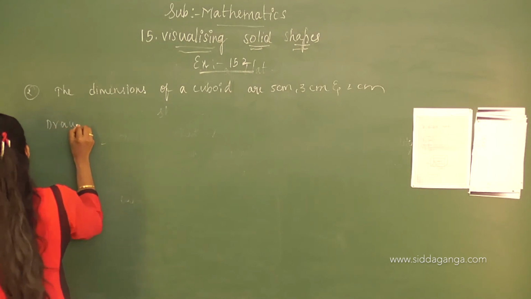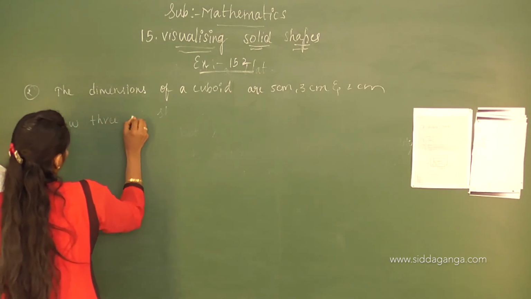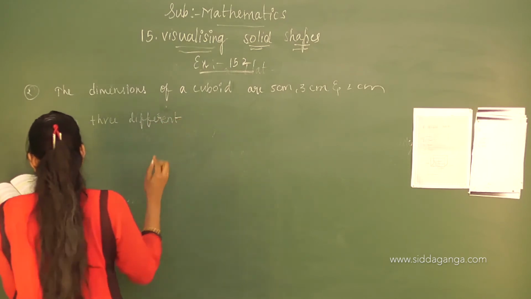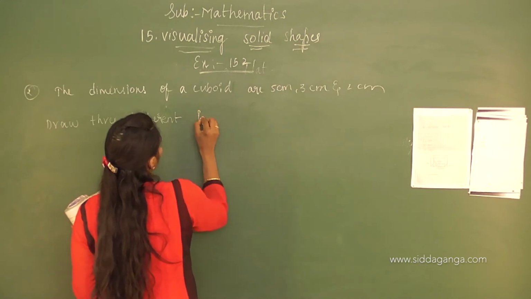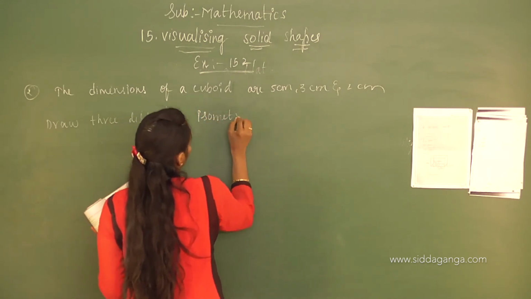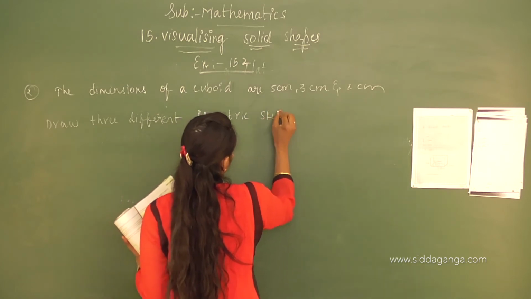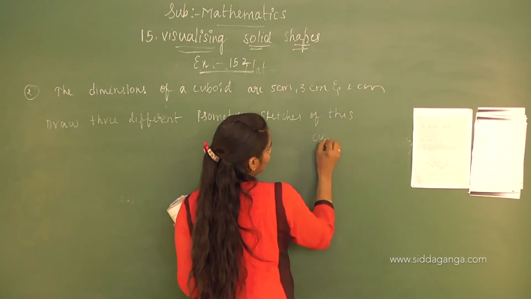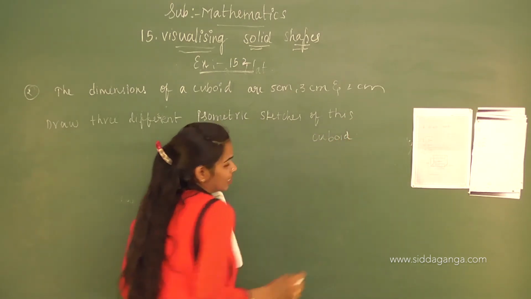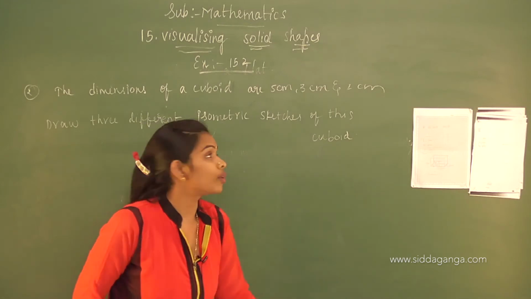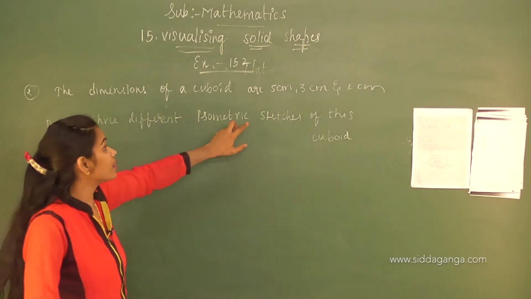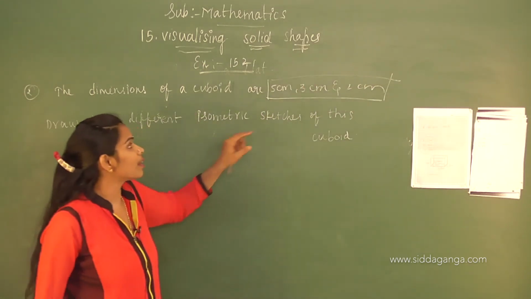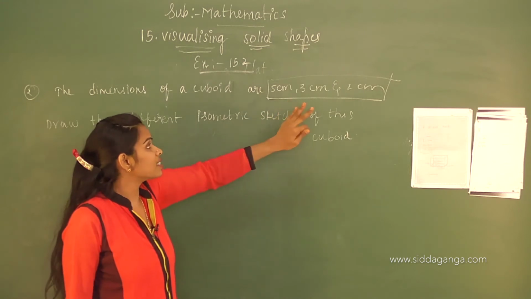Draw 3 different isometric sketches of this cuboid. Just they are asking, we have to draw 3 different sketches of the cuboid with these dimensions 5 centimeters, 3 centimeters and 2 centimeters, but if you do only one it is enough.